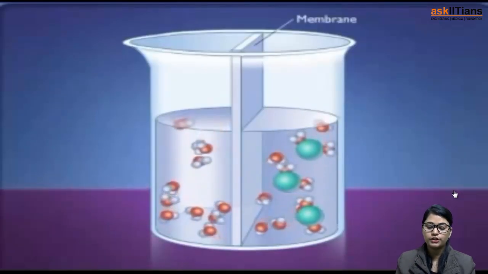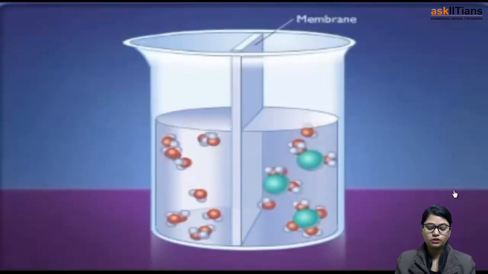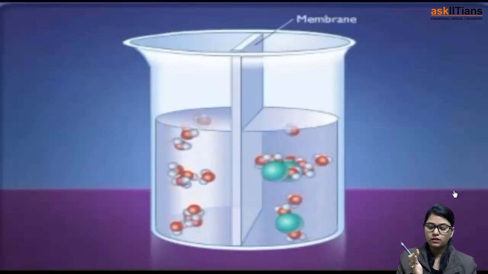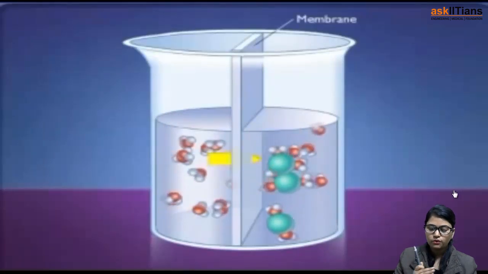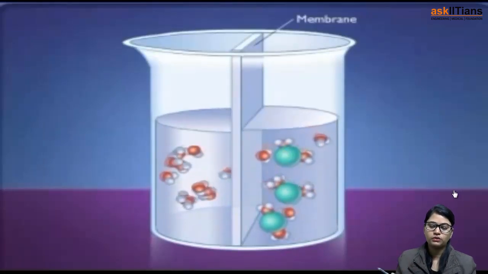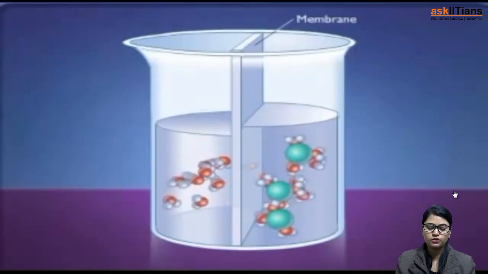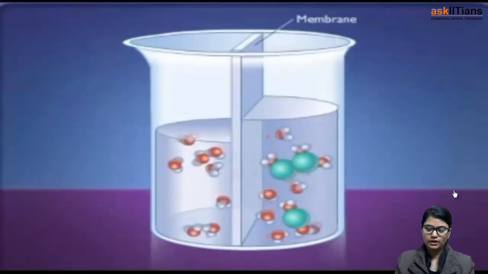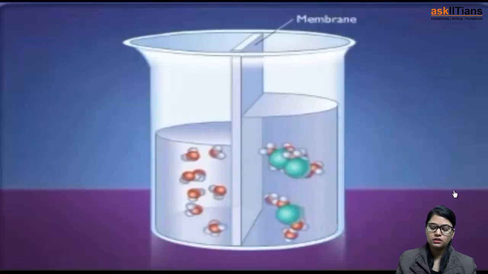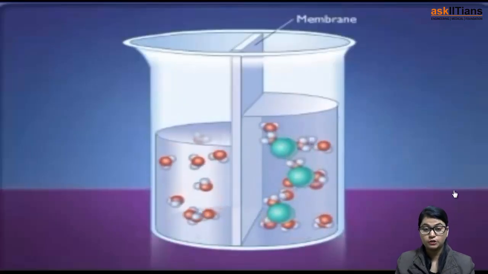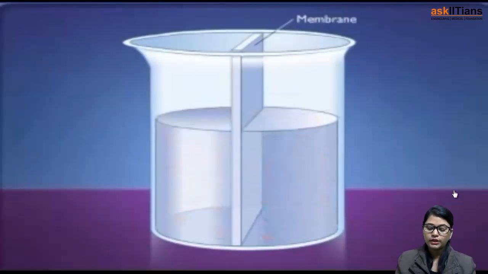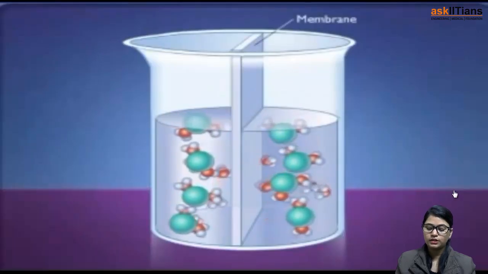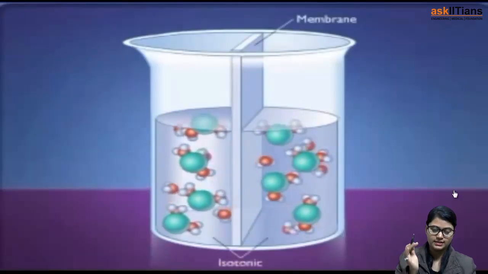This interaction reduces the number of free water molecules on the right hand side, and there is a net movement of water molecules down the concentration gradient to the side with the urea molecules, because more water molecules are moving into the area than leaving. The water level on the right side will rise.